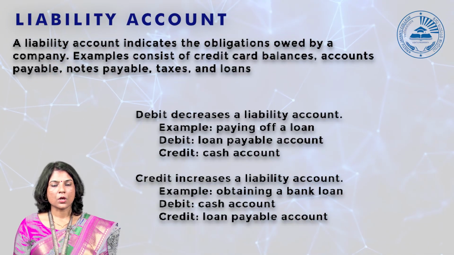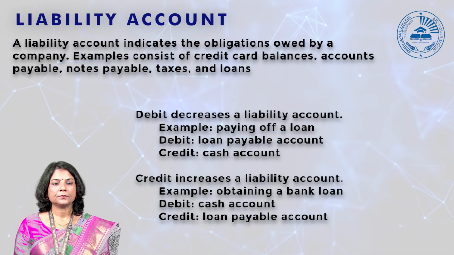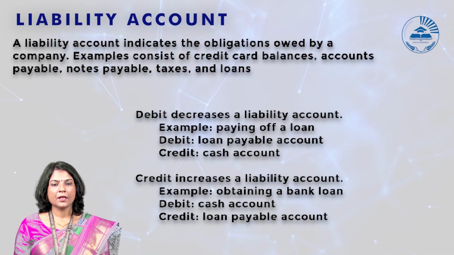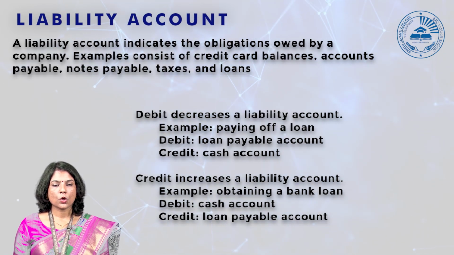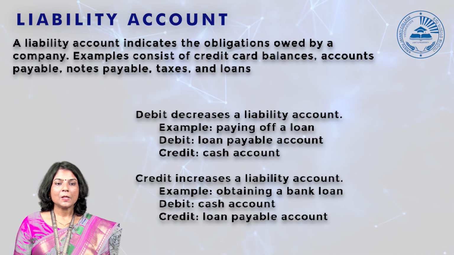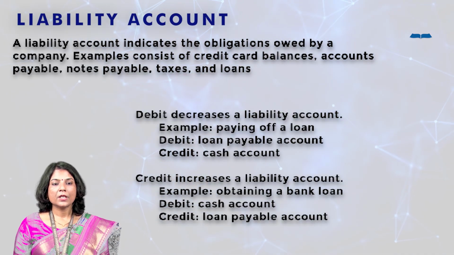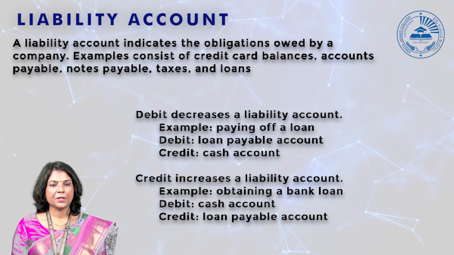All of these are included in the liability account. Debit decreases a liability account and credit increases a liability account. Always remember these two rules for how increases and decreases impact a liability account.